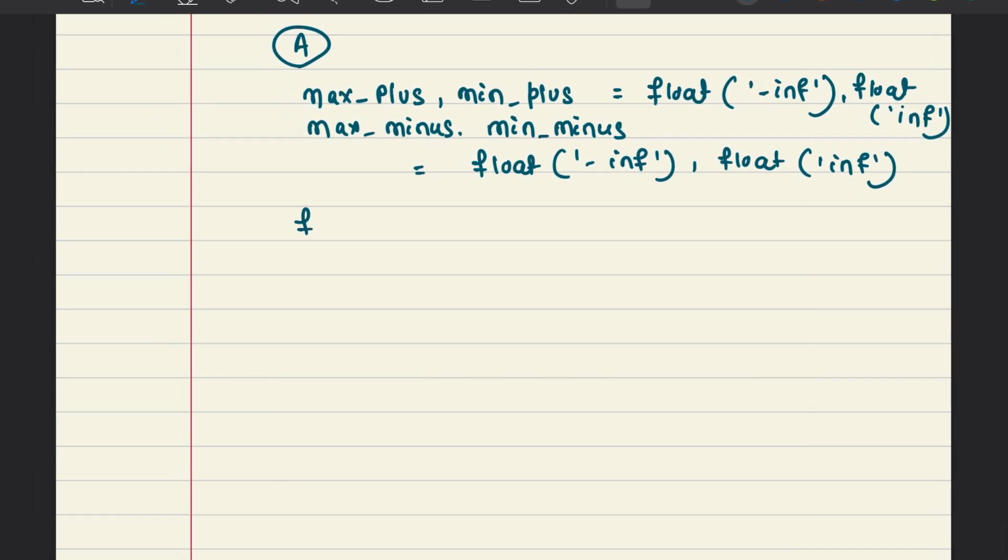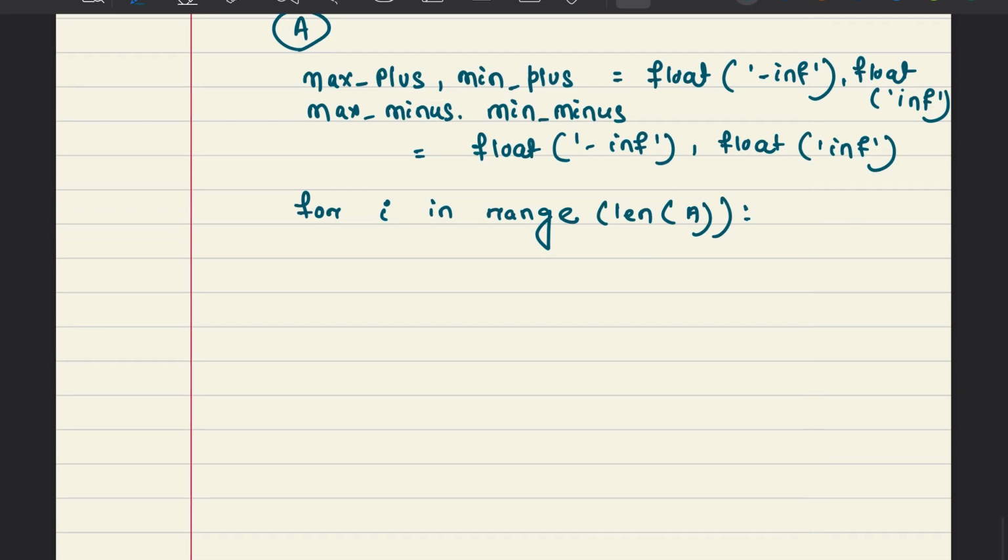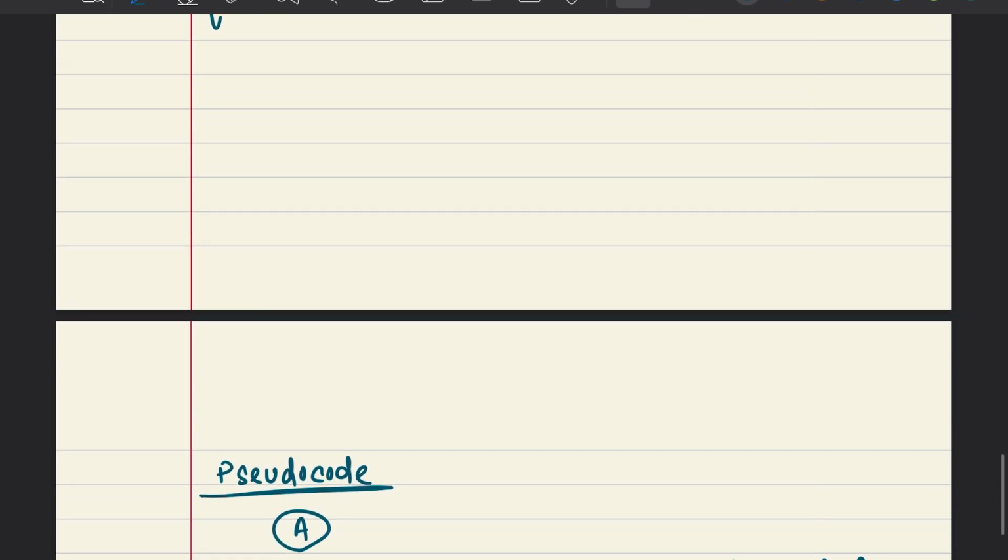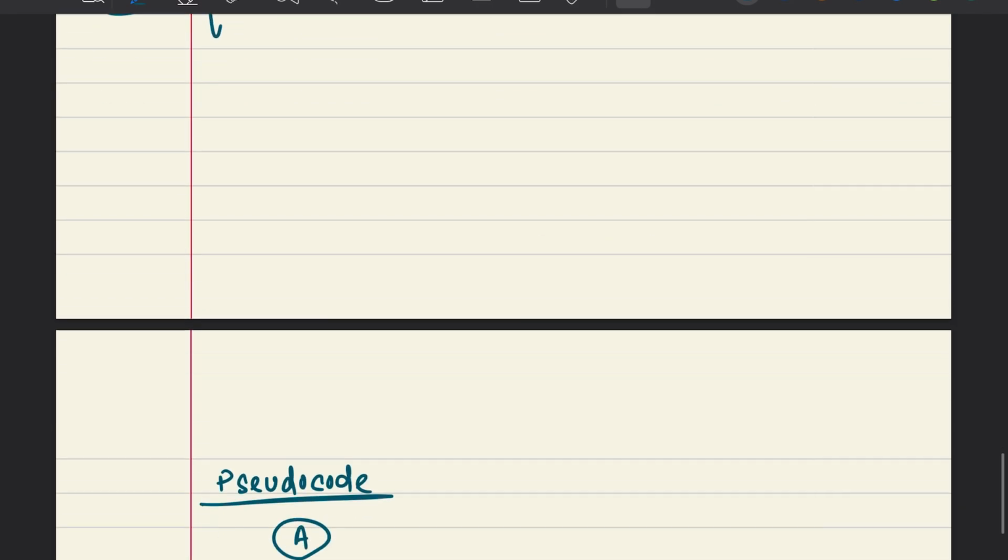Now we'll loop over the array, for i in range. What we need to do is find the max of a[i] plus i.